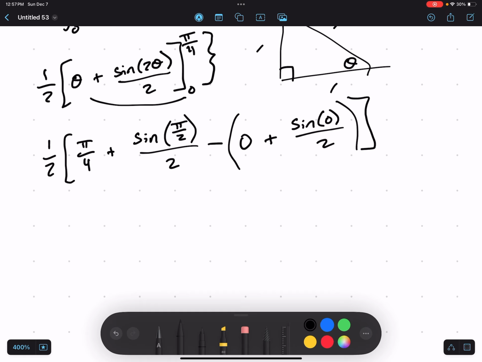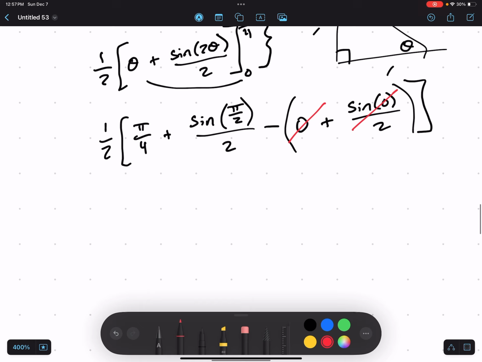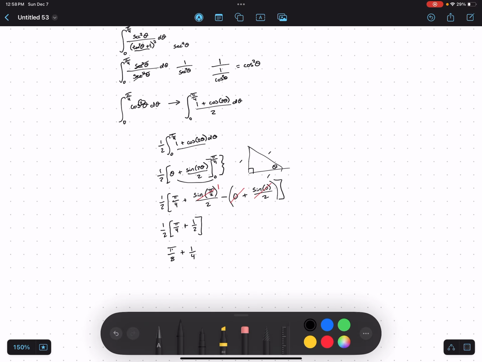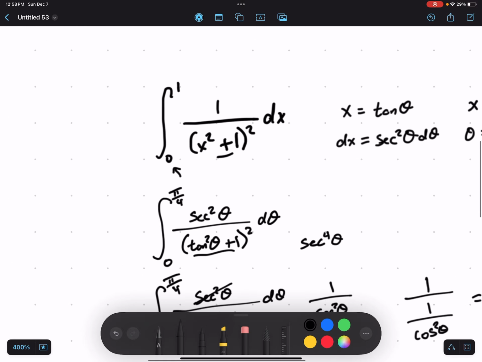Now, of course, sine of 0 is 0. Sine of pi over 2 is 1, so that's 1/2. And what we're left with is 1/2 times pi over 4 plus 1/2, which simplifies to pi over 8 plus 1/4. And that's the result of this particular trig sub integral.